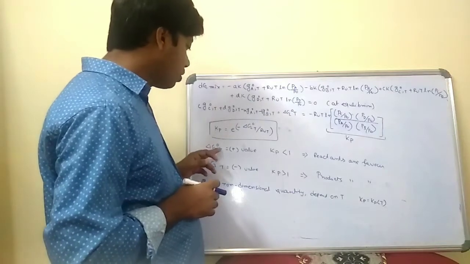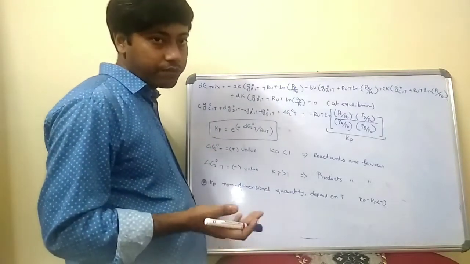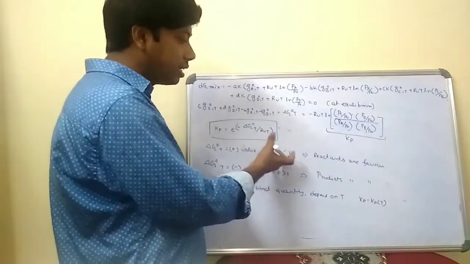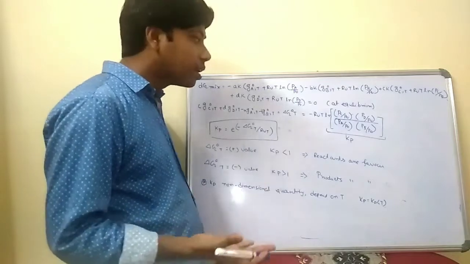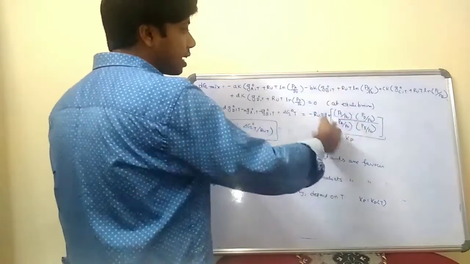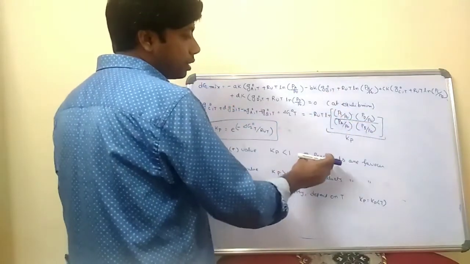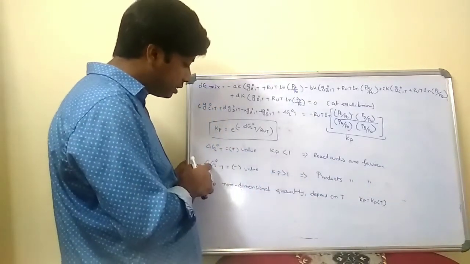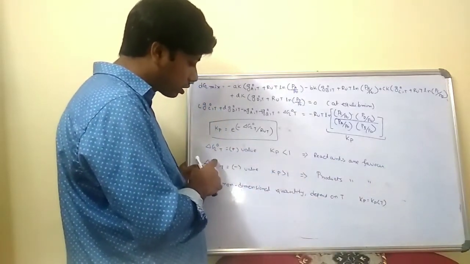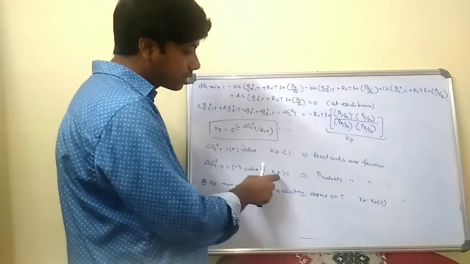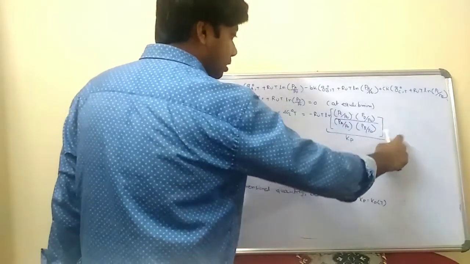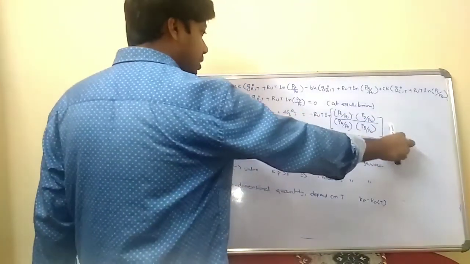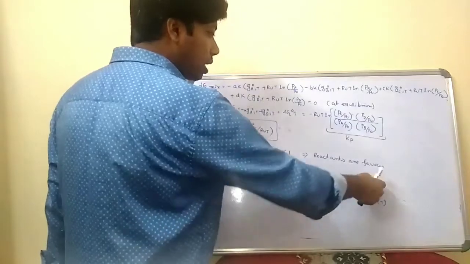If the delta G T naught value comes out positive, that means Kp is less than 1, that means reactants are favorable. So Kp indicates that the reactants are favorable in that condition. Similarly, if delta G T naught gets a negative value, that means Kp is greater than 1, so the products are favorable.